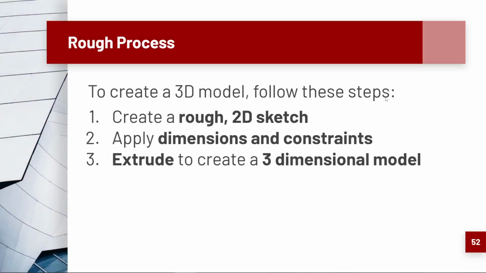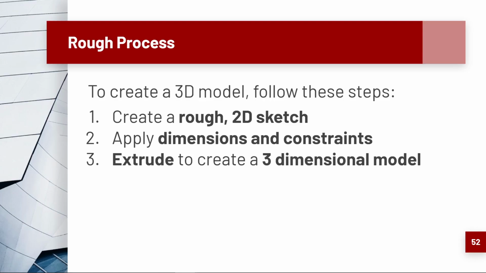Okay, next slide. So rough process, what are we going to do inside of Inventor? Relating it to things that we've already done, we're going to create a rough 2D sketch. We know how to do sketches by hand. We're going to apply dimensions and constraints. We know that dimensions are measurements.